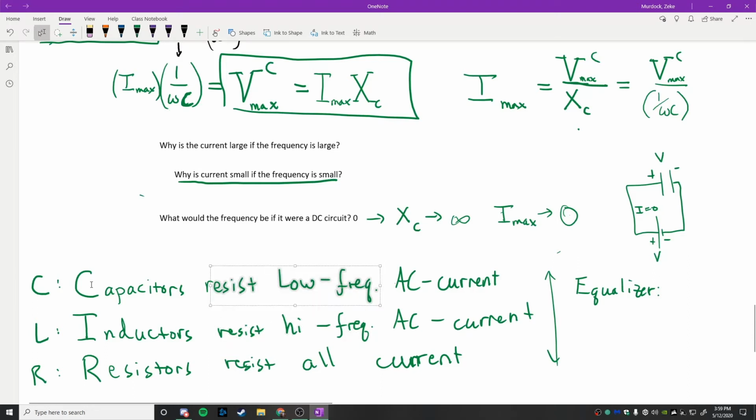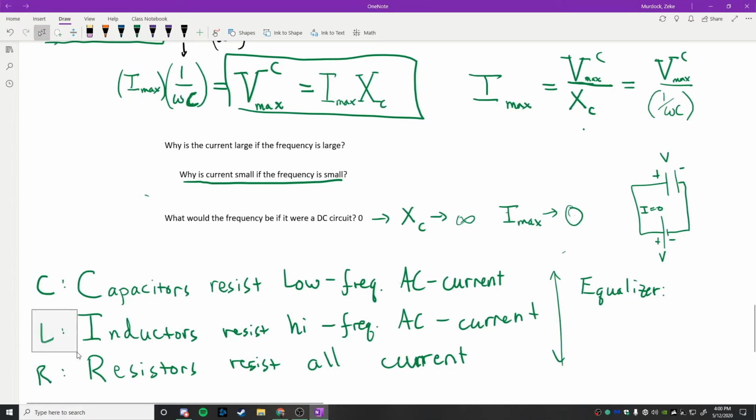Does that make sense? So this is like the treble knob on an old simple one, and this is like the bass knob right here. If you crank up the inductance, you're going to get a lot more bass because it's going to block out the high frequency, high pitch sounds. And if you increase the capacitance, I hope I'm getting this right, it's going to lower the bass sounds.